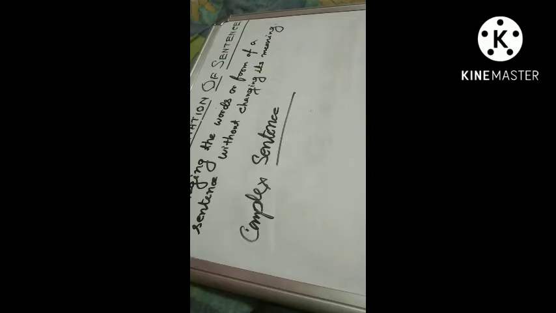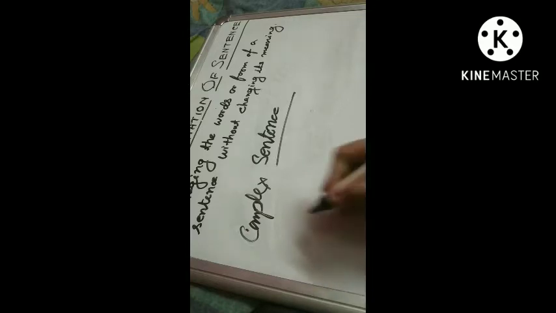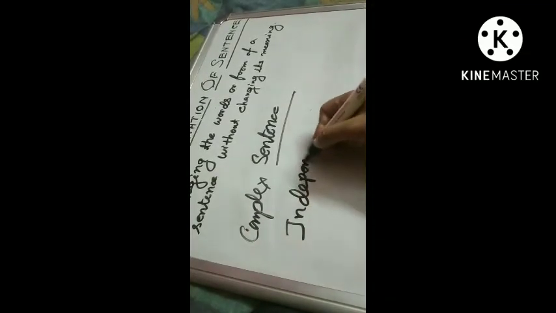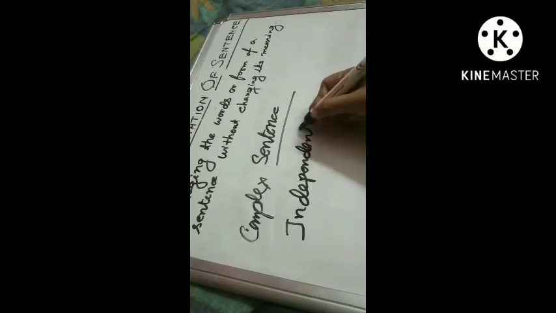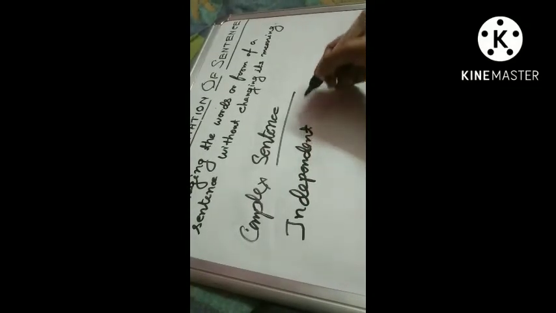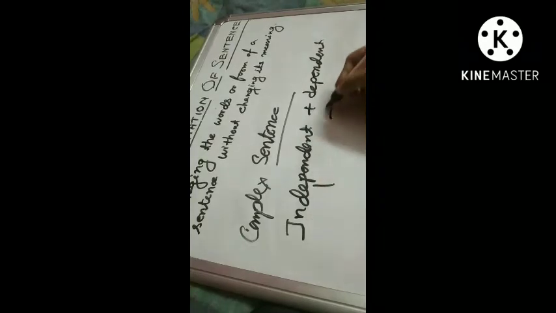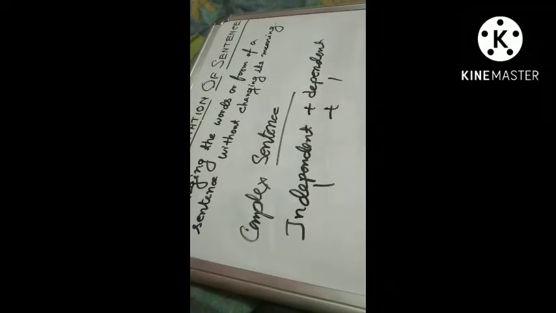What is a complex sentence? A complex sentence is a sentence where one independent sentence and one dependent sentence will be there.